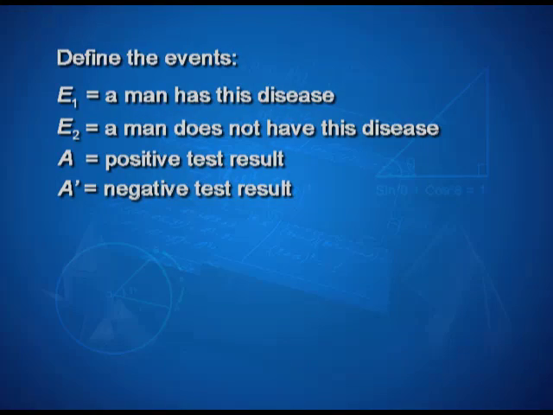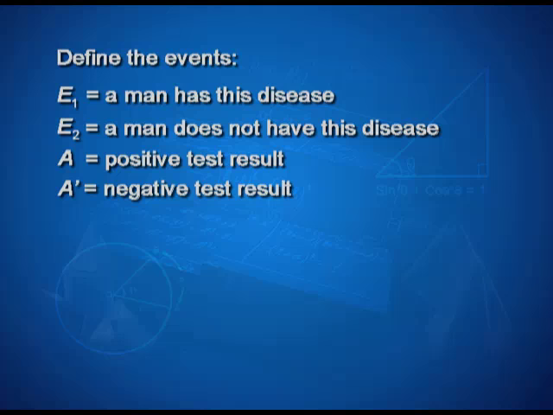Let us start with first defining the events. Event E1 is that a man has this disease, E2 is that the man does not have this disease, A is that the test shows up positive, so A dash, the complement of A, will be a negative test result.